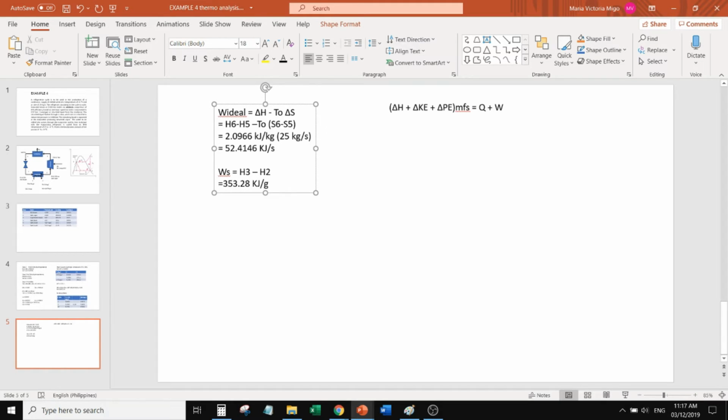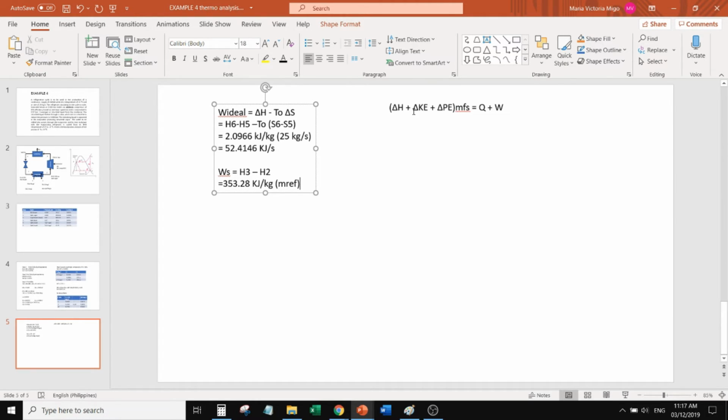But we need to multiply this by the mass of refrigerant, which is not given to us. So how do we get the mass of the refrigerant?